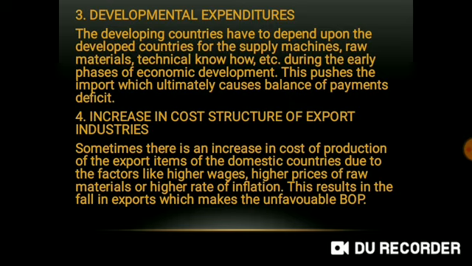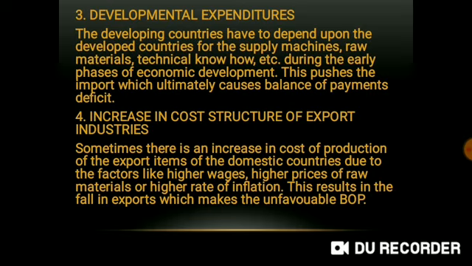So because of all of these reasons, the price of export items for the country might increase, and if there is an increase in the price of export items, then the export of a country will fall. As a result, what will happen? There will be less receipts for the country, and the country will have adverse balance of payment.